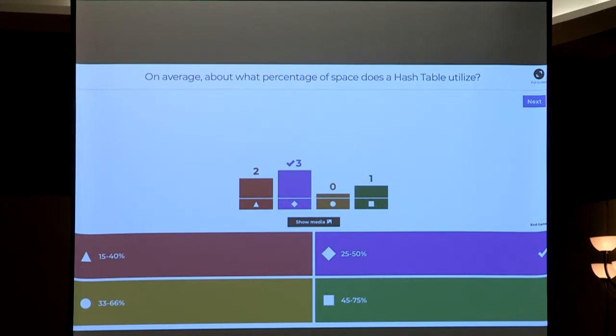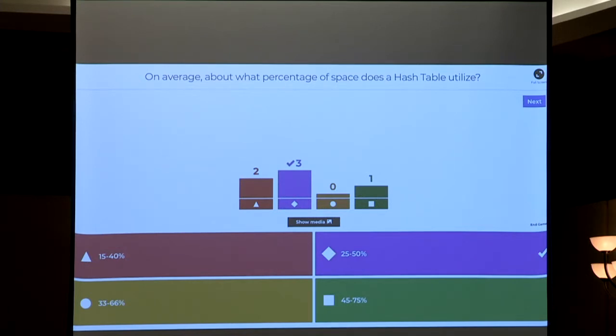But the reason I argue it's the blue one is, after you resize a hash table, how much space is being used? 25%, because you've doubled it, so it should be a quarter full. So that's why I argue that on average, if you just keep adding things to a hash table, you're going to have about 25 to 50% utilization of memory.